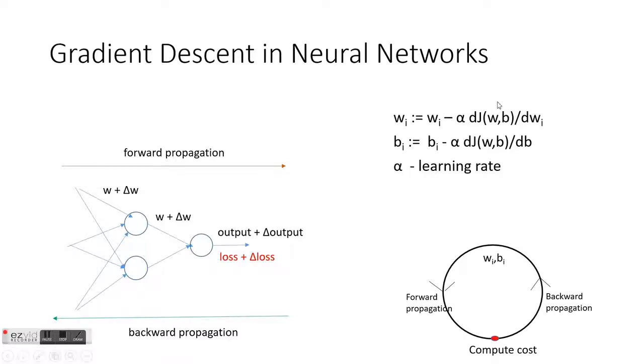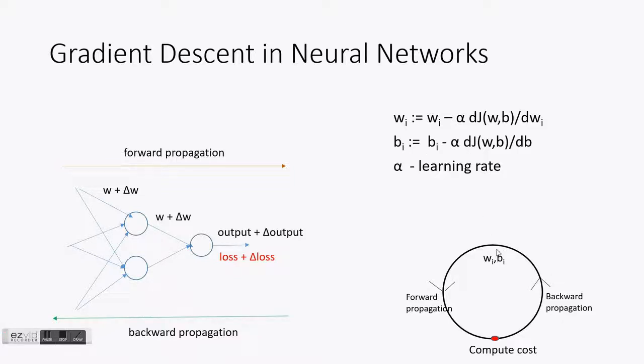And once we compute how the cost varies with respect to the weights and the bias, then in each iteration we take the current weight and we subtract from the current weight how the cost varies with respect to the weights and bias, multiplied by a value alpha, and we get a new set of weights here.